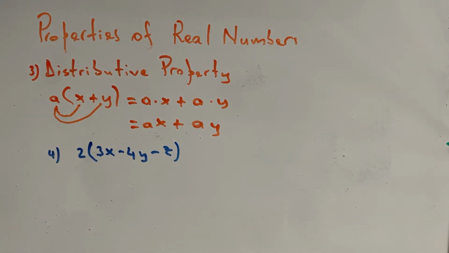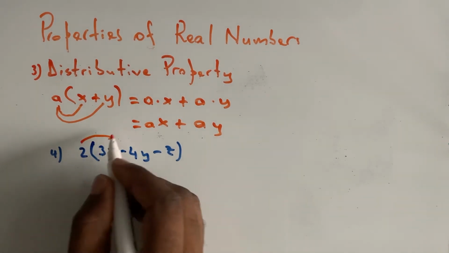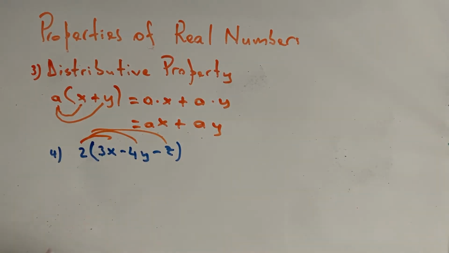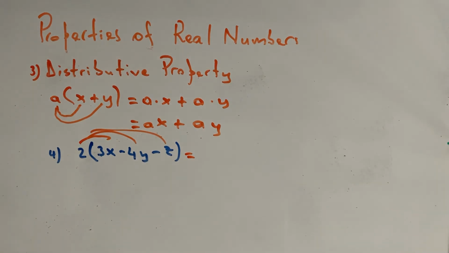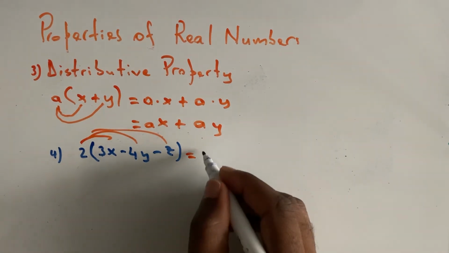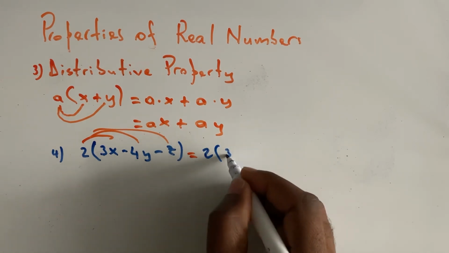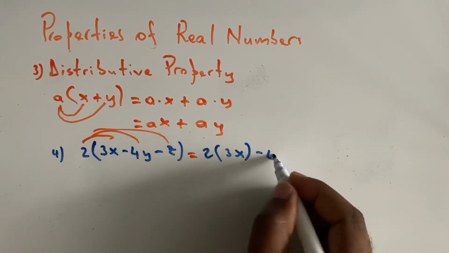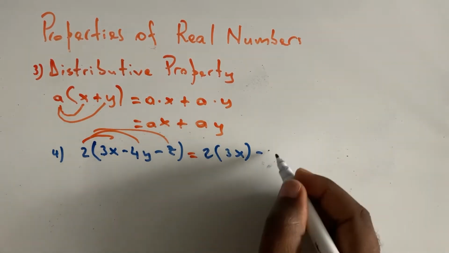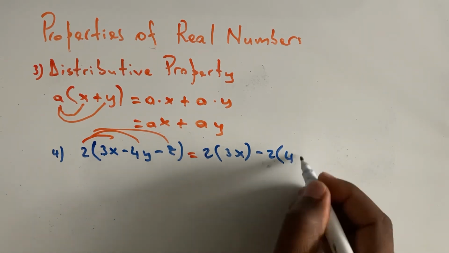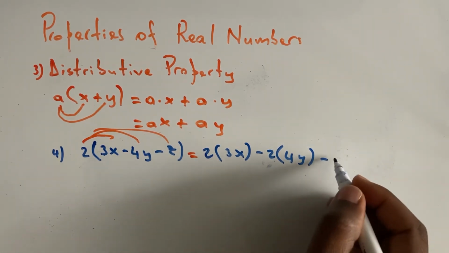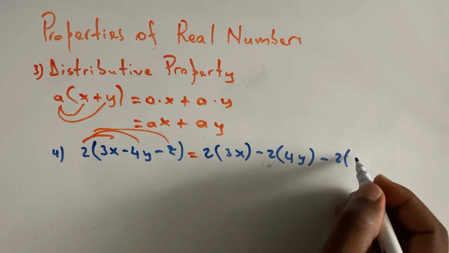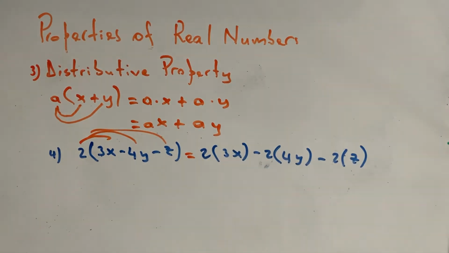In this case here, again, what do we do? We distribute. We can use the distributive property, okay? Like this. So it would be 2 times 3x, okay? I'm going to write everything so everybody can understand here. So 2 times 3x minus 2 times 4y minus, again, 2 times z, okay?